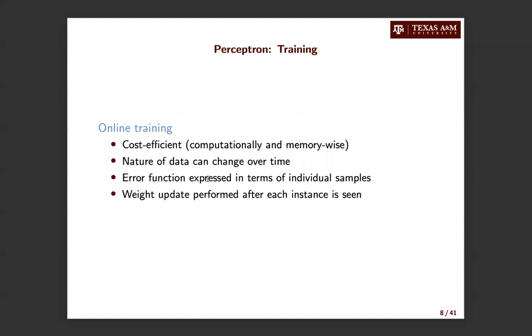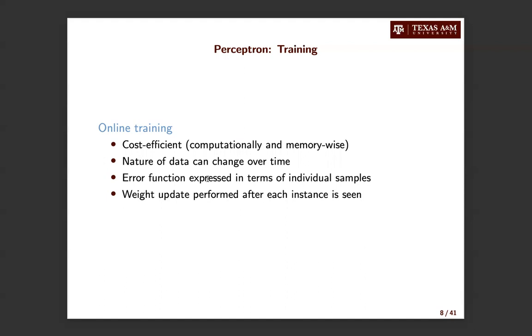Some advantages related to this training of the perceptron algorithm are that it is cost efficient, both computationally and memory-wise, because we assume a single sample per update or a subset of all our training data. It's also effective since it can adapt over time if the nature of our training data changes over time.